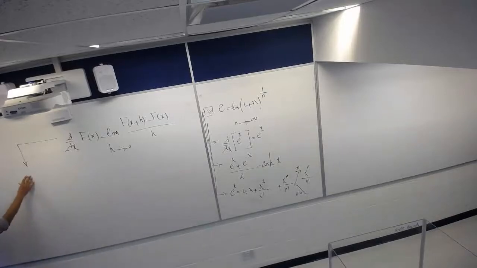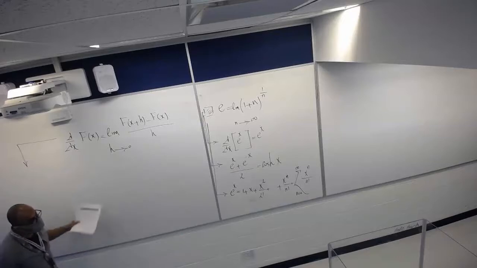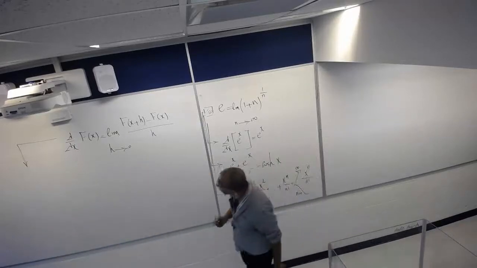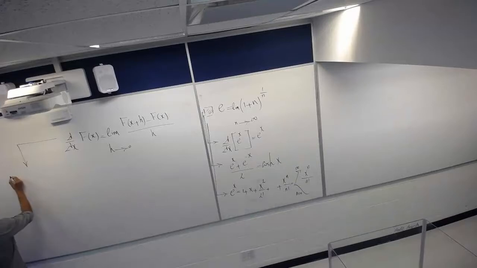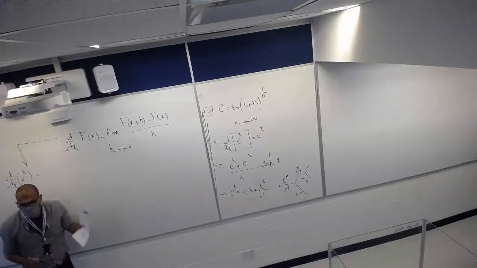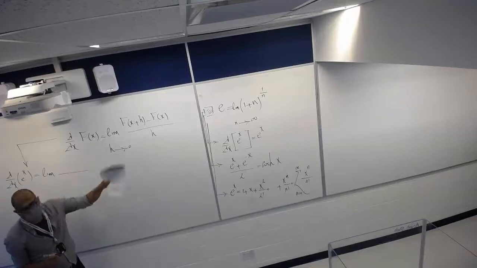Now, the thing is how to prove that the change of the function is the same as the function itself. That's what we plan to do. We say that d over dx of the function e to the power of x is going to be what? The structure is given. The structure is the limit of f of x plus h minus f of x over h.